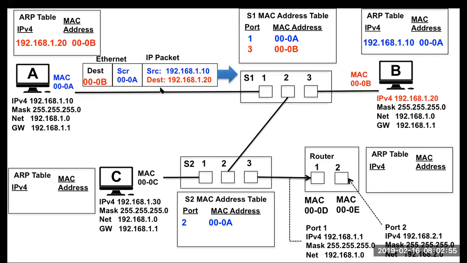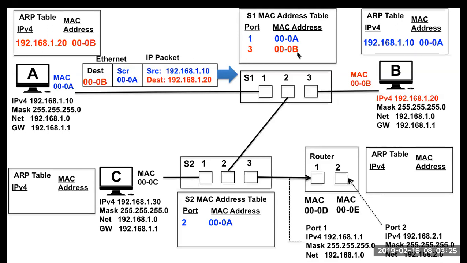Let's continue this process. It's not quite there at B, right? It's just now going out the NIC card of A. It comes into switch port 1. Okay, has the switch learned anything? Learn, forward, learn, forward. Learn source MAC address, port 1. It already has that information, so it just resets the 5-minute timer. Forward, destination MAC address 000B.